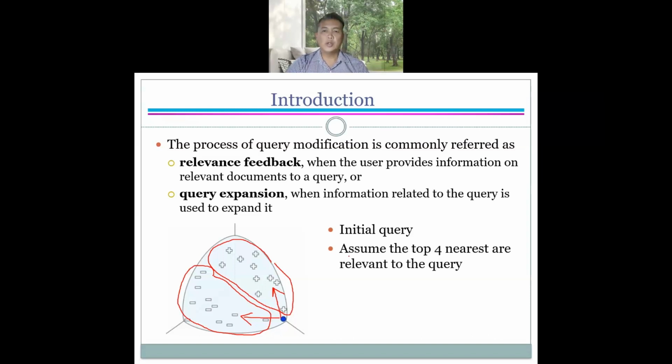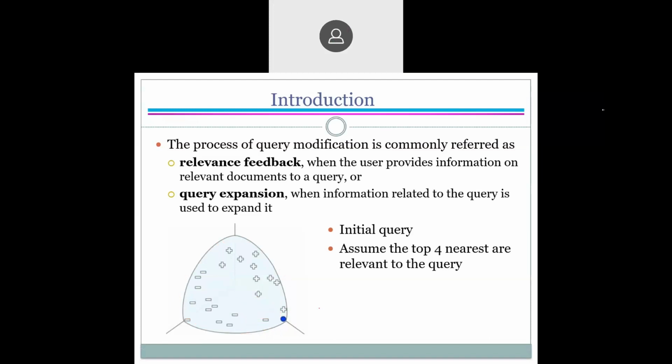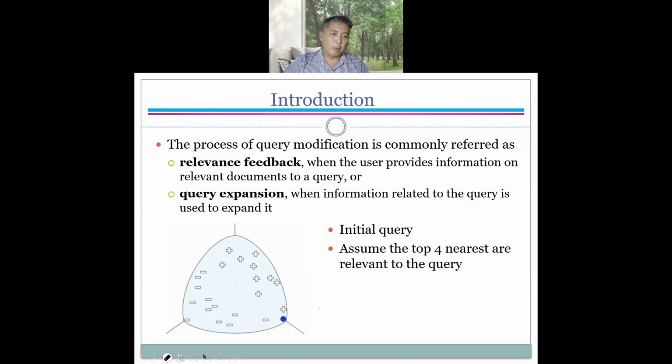So when we assume the top nearest neighbors, let me erase this one first. When we look at the top four nearest, we are looking at the positive and negative ones which are nearer to the point.